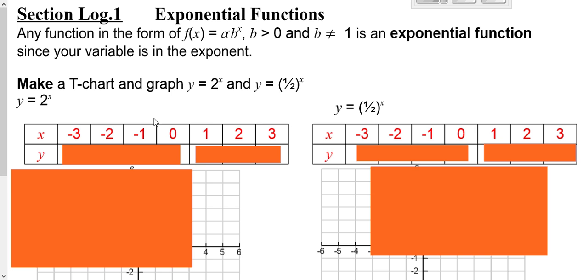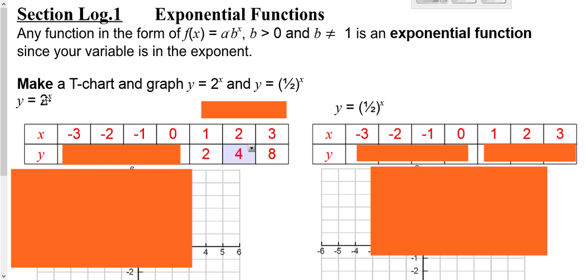So to graph this, I'm just going to make myself an xy chart, choose some numbers for x, and plug it in. So I take 3, plug it in, I get 2 cubed, and that's 8. Take 2, plug it in, 2 squared is 4. Take 1, plug it in, 2 to the first.